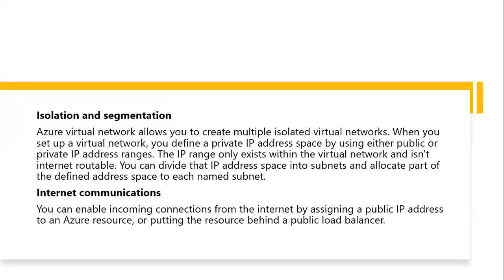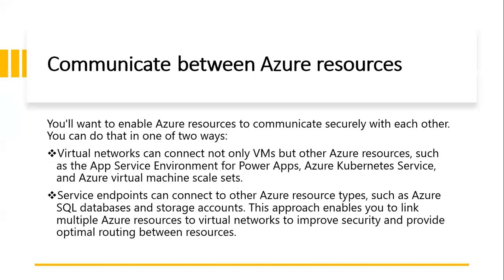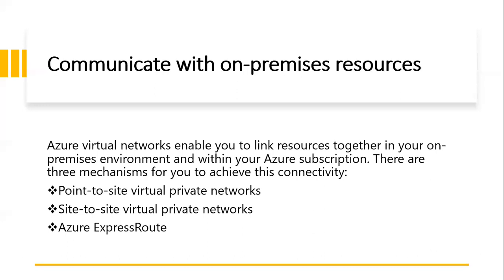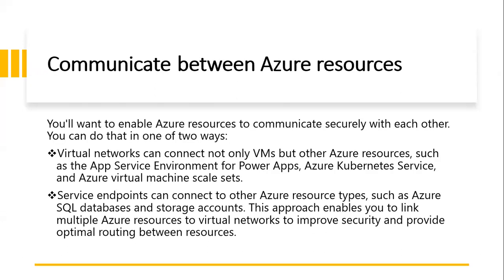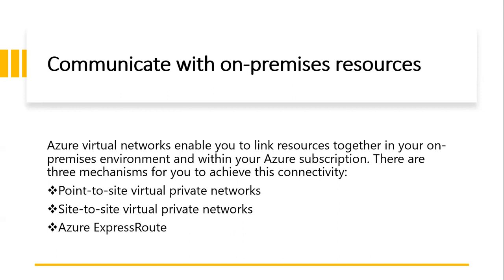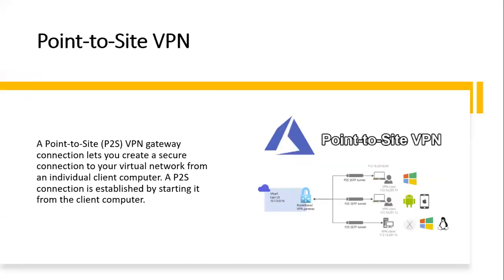I told you that you have to assign a public IP address, then how you can communicate between different resources. For communicating between resources, you need some methods. What are these kinds of connectivity? Like point to site, site to site, and Azure ExpressRoute.